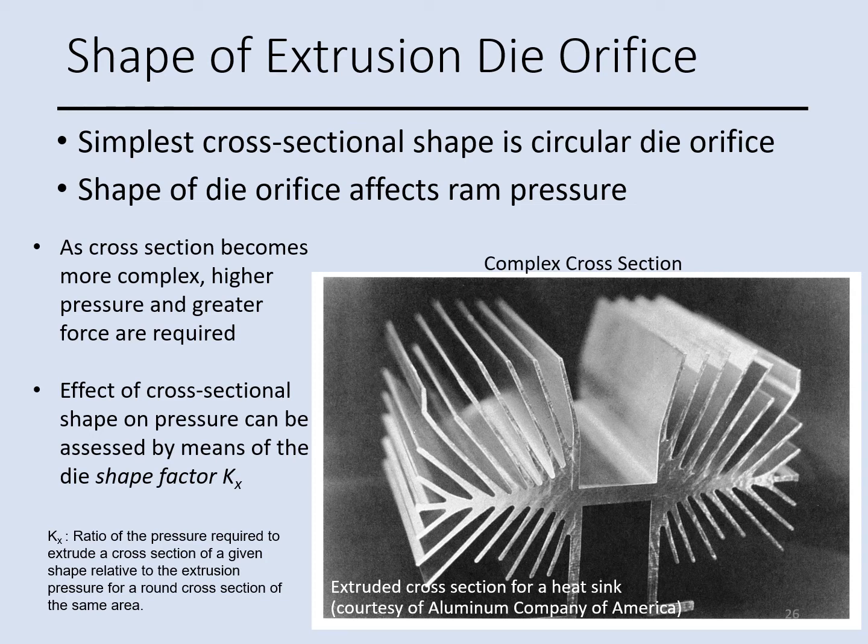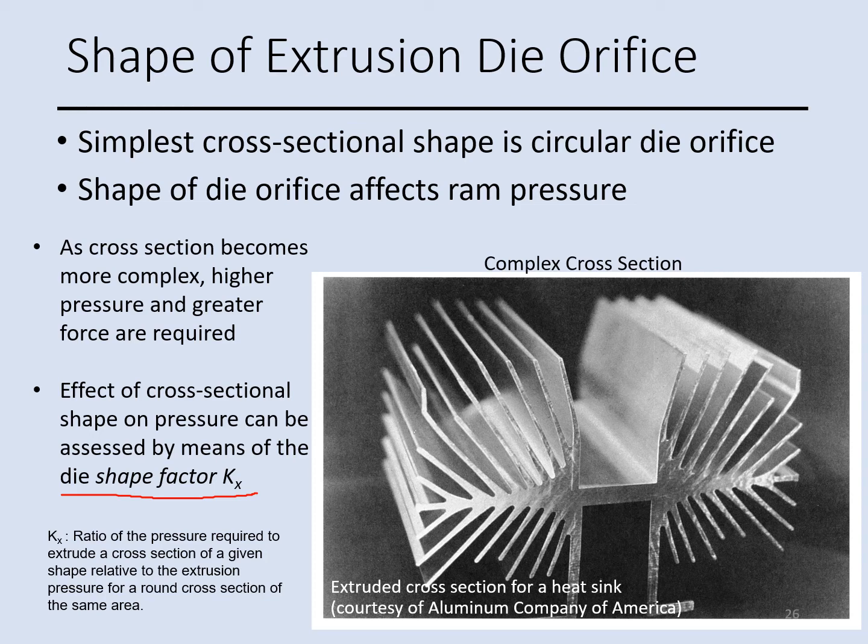As the cross-section becomes more complex, we have more interface between the die orifice and the billet. Higher pressure and greater force would be needed. And this force can be calculated by a factor called the die shape factor, Kx.